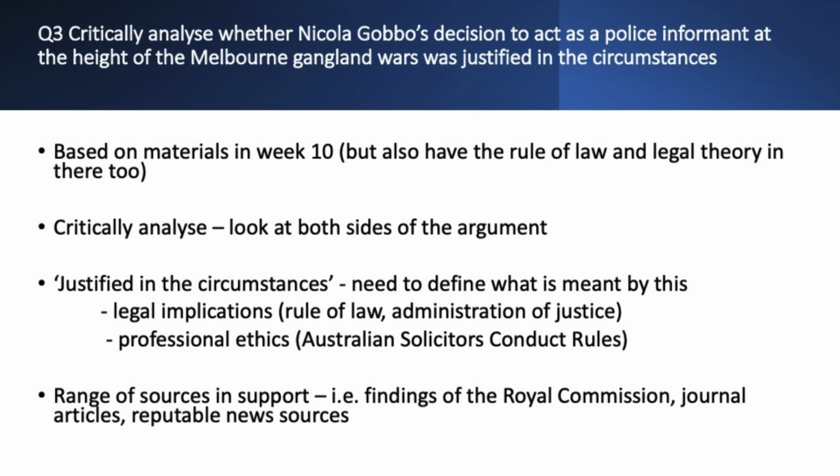So there are legal implications for a lawyer acting as a police informant in relation to things like the rule of law, the administration of justice, the right to a fair trial, and there are also professional conduct rules that may have been breached by Nicola Gobbo in acting as a police informant.